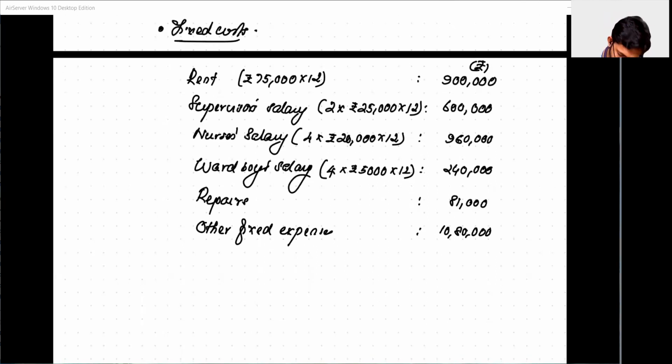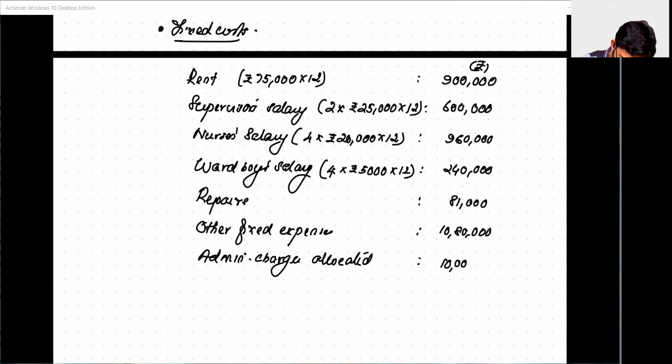Then you have allocation of administrative charges. Admin charges allocated is 10 lakhs. So when you take the total, it is 9 lakhs plus 6 lakhs plus 9.6 lakhs plus 2.40, 81, 10 lakh 80, then 10 lakhs. It is 48,61,000.